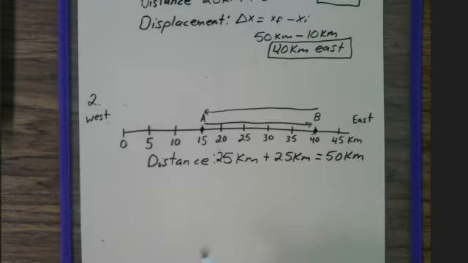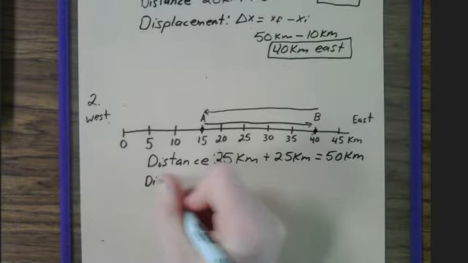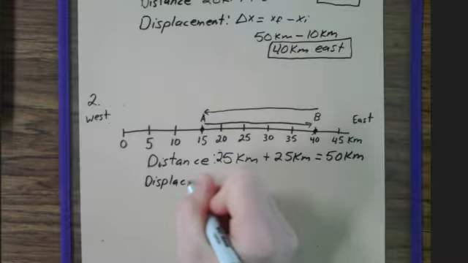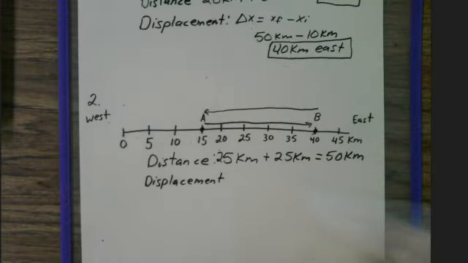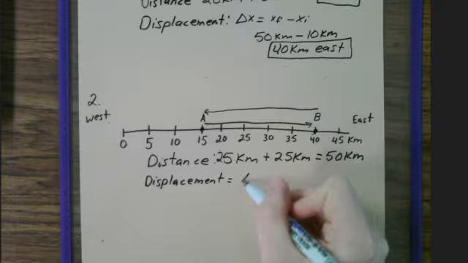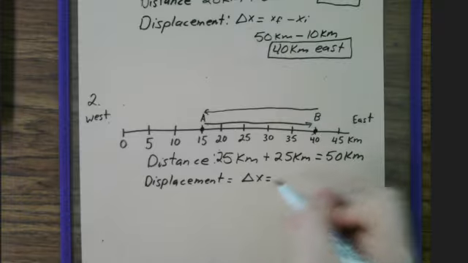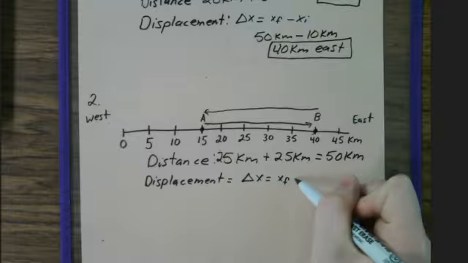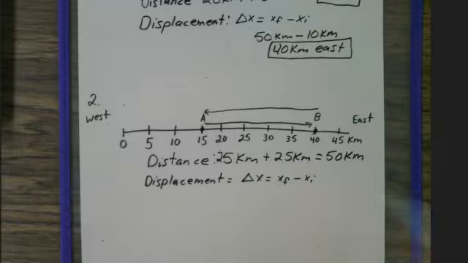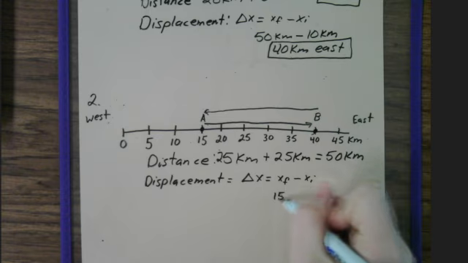Now for our displacement. We're going to write the formula first. So our displacement is change in x, or displacement, equals xf, our final position, minus our initial position. So our final position here is at 15.